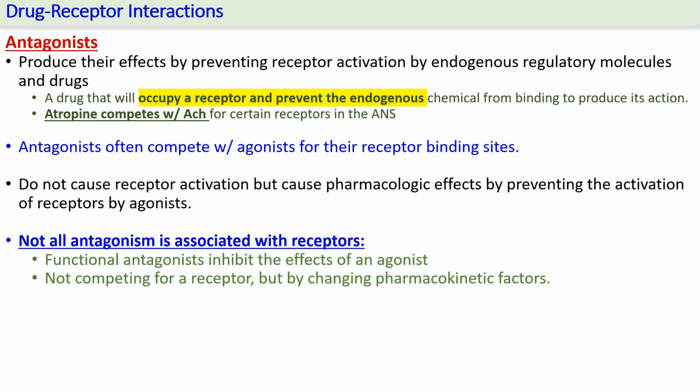Functional antagonists inhibit the effect of an agonist, not by competing for a receptor, but by changing pharmacokinetic factors.